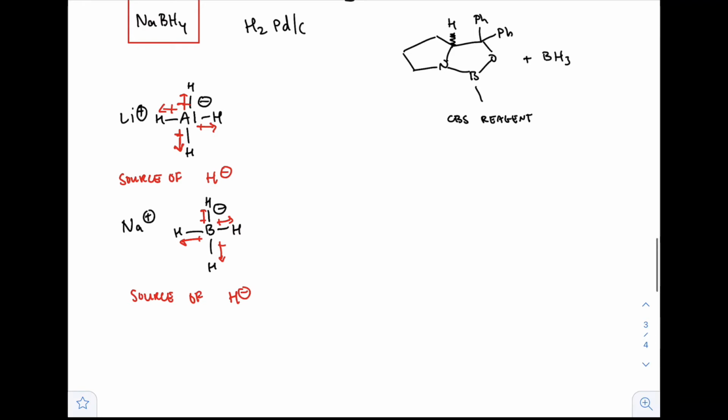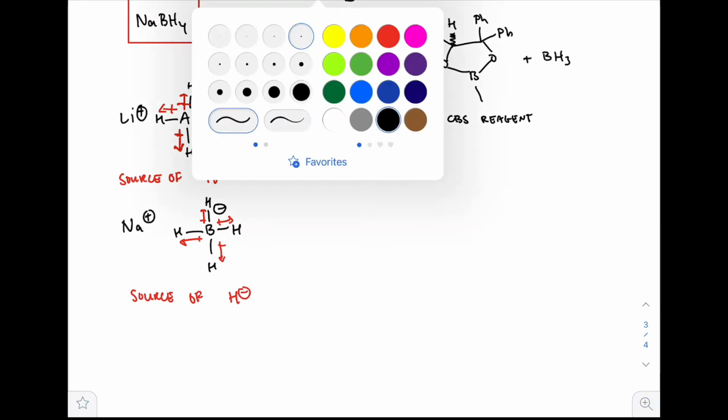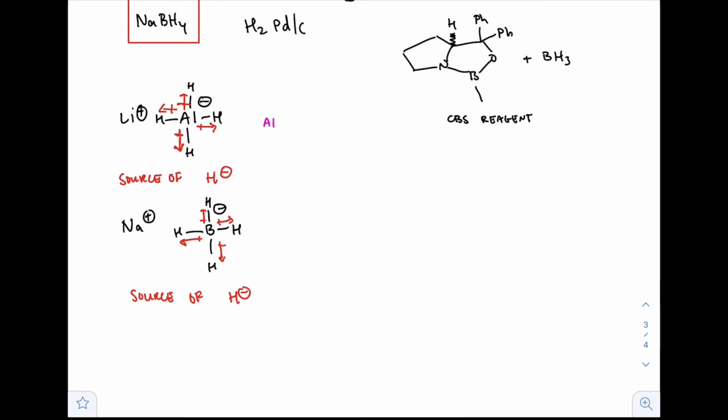But here's the thing, they react differently, right? So for those of you that have lab, sodium borohydride was used in lab, and it's pretty chill, right? I had that in a bottle, and we were just like, all right, throw that right inside of an alcohol solvent, and no big deal, kind of.